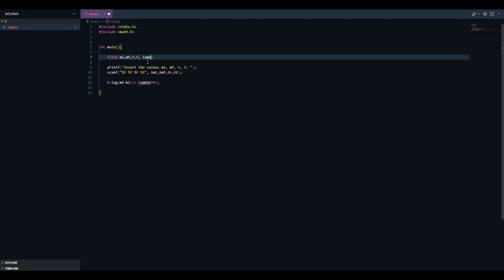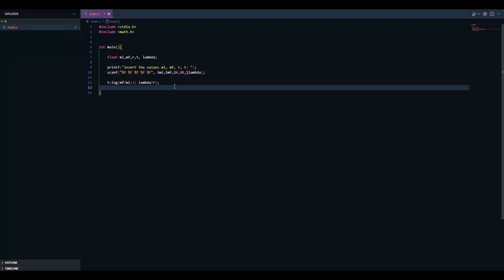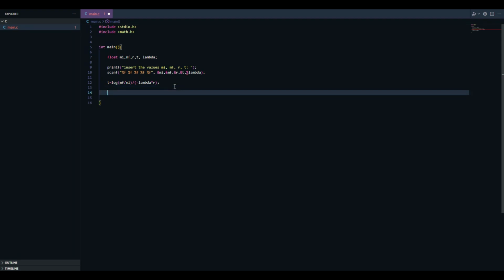Because if you would like to do with another value, we pass it here, that's no problem. Lambda, and we call another float value for that one. And let's print the result.